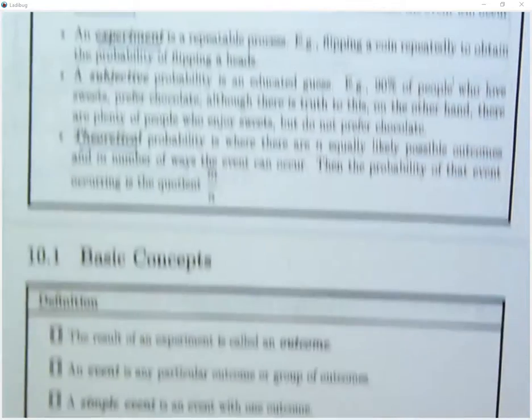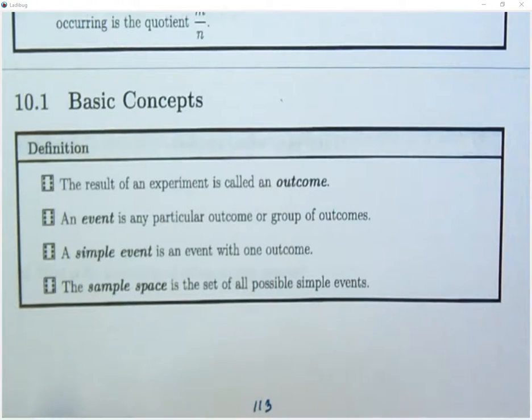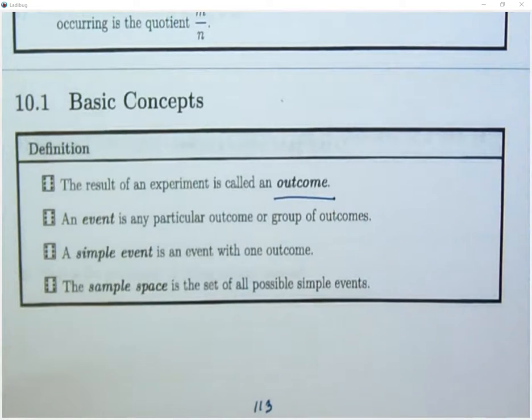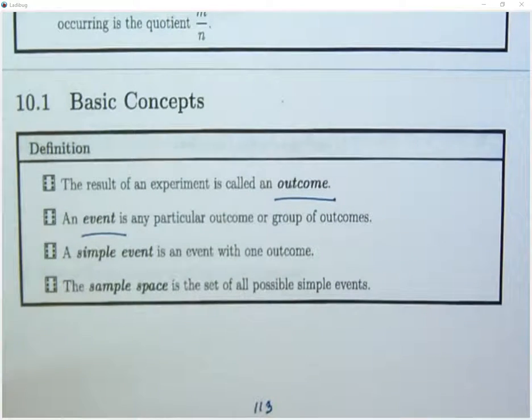So some basic concepts here. The result of an experiment is called an outcome. So that's a big vocab word there. Event, sometimes we just use capital E, like flipping a coin and getting a head, that would be the event.